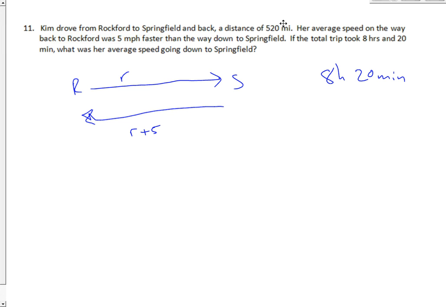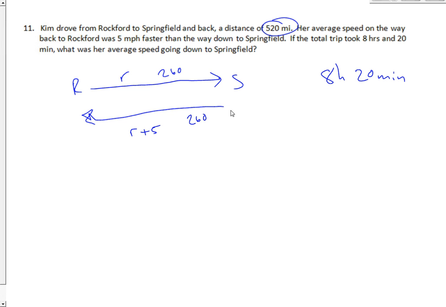So we have a total distance of 520 miles. So that's 260 miles going down and 260 miles coming back. So again, we don't know how to split up our time. We are able to split up the distance equally, and we have our rate represented with r and r plus 5.